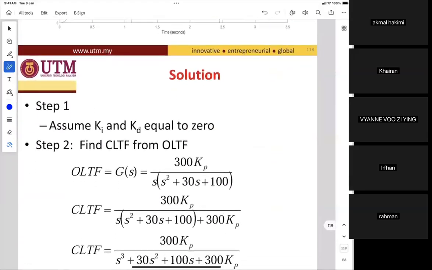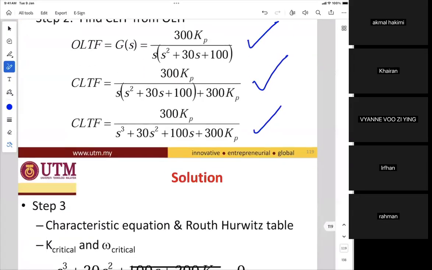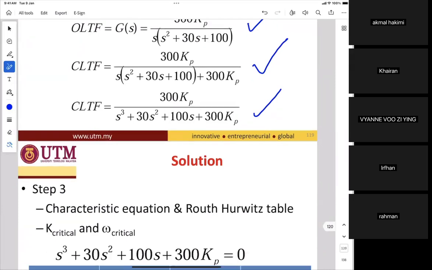So this is a solution. First we assume KI and KD equal to 0. Then we find the open loop transfer function, then the closed loop transfer function, and the characteristic equation as said by Irfan Hakimi just now.